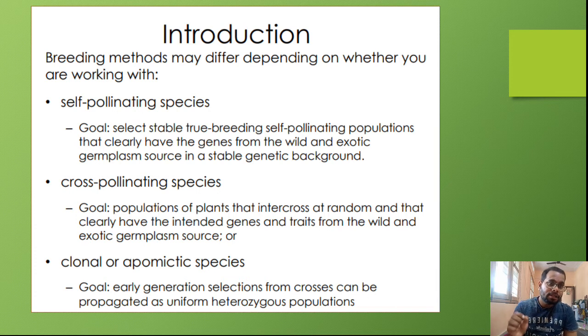In self-pollinated species, our aim is to select those plants in F2 which have uniform characters, meaning they should be true breeding plants, all homozygous, completely uniform with their parent. Those plants you have to select as stable true breeding lines.